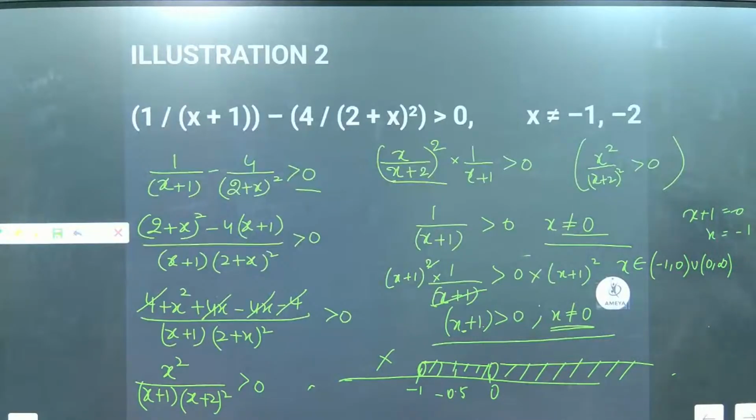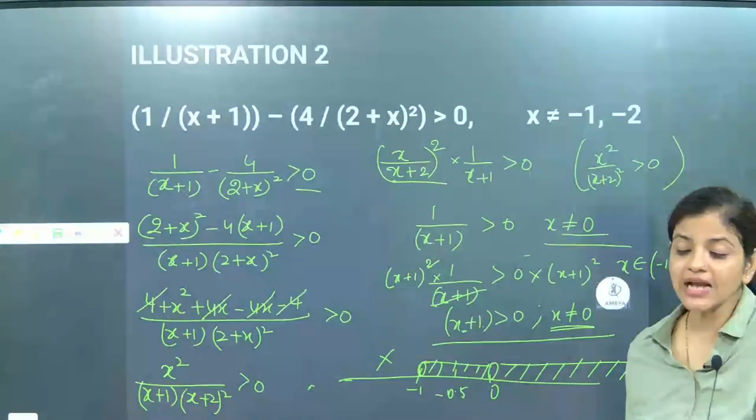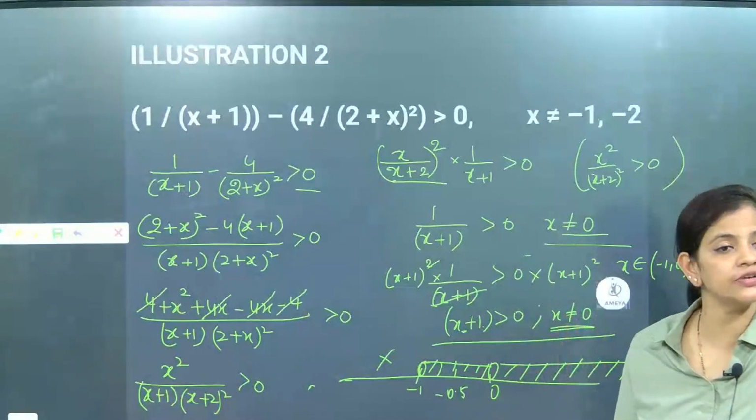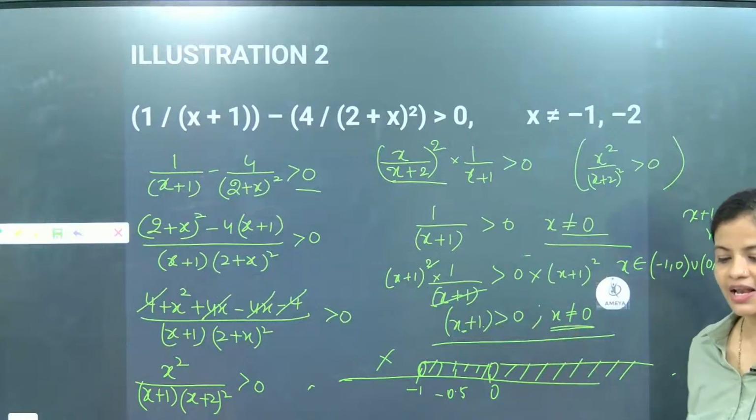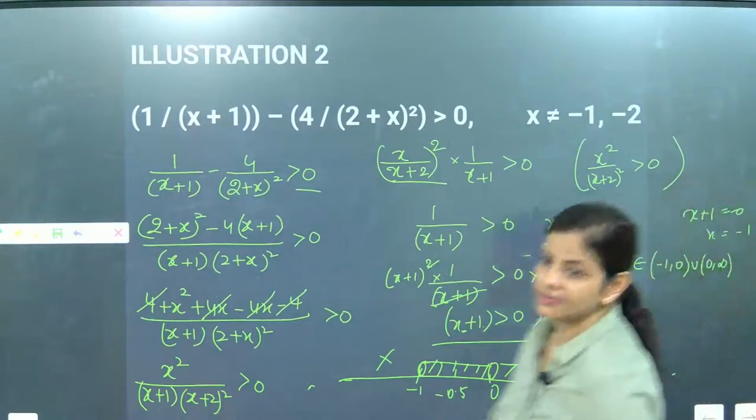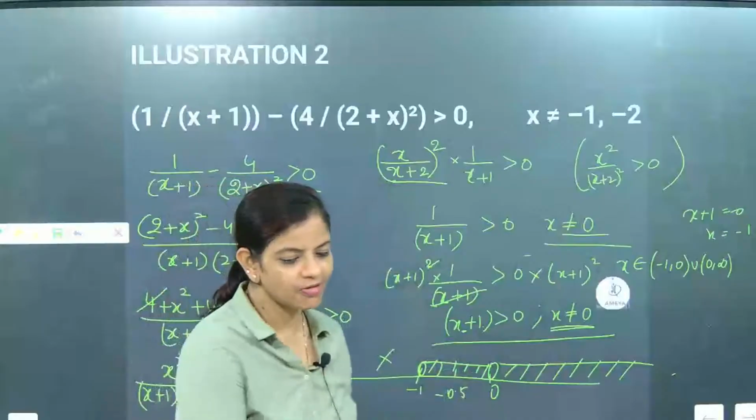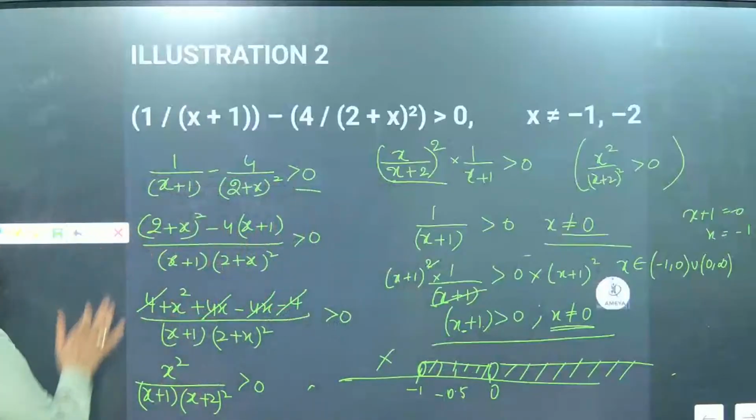For understanding maxima, minima and increasing and decreasing functions, it is most important to know all these topics. In 11th, I know how you have studied inequality, so I am taking extra precautions.